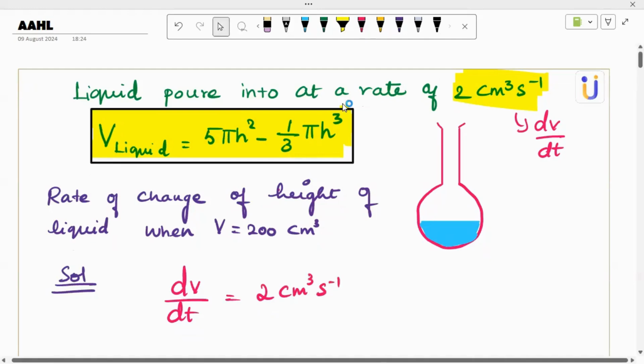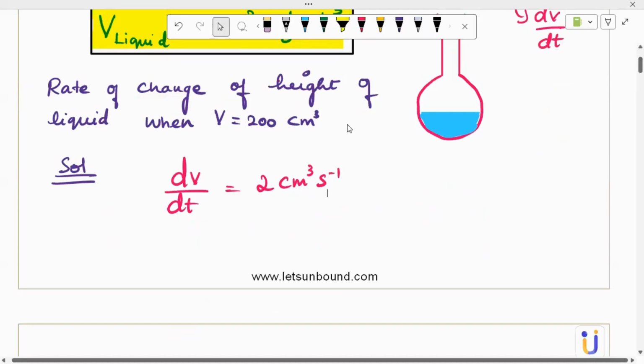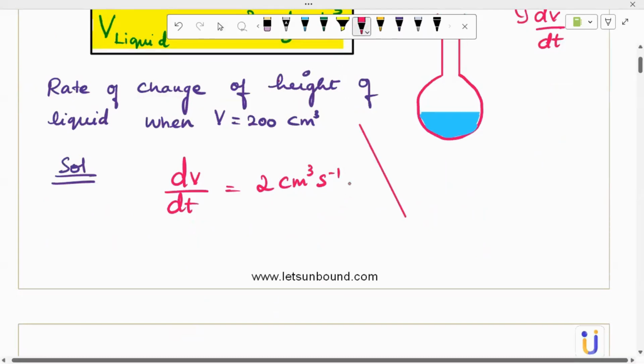And we have to find the rate of change of height, which we can interpret as dH by dt. I need to find it at the condition when the volume is 200 centimeter cube. So this is what we have to work for, right?